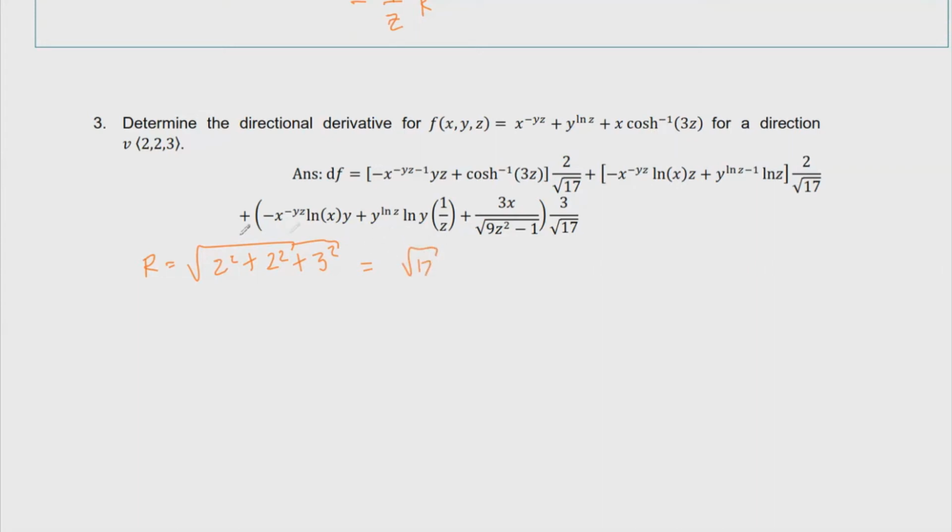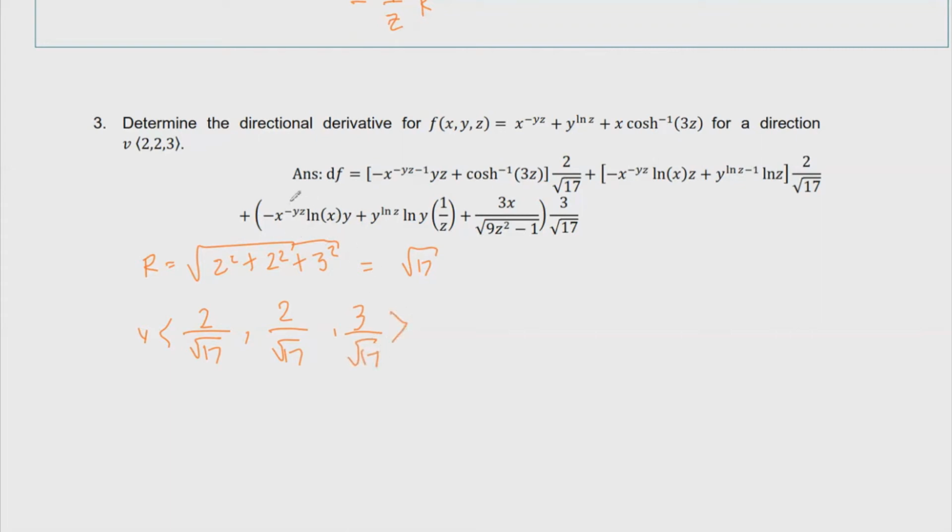Okay. So if this is equal to the square root of 17, we know that for the direction to be a unit vector, we just have to divide each numerical distance by the resultant. So we convert this to 2 over the square root of 17, then 2 over the square root of 17, and then 3 over the square root of 17.